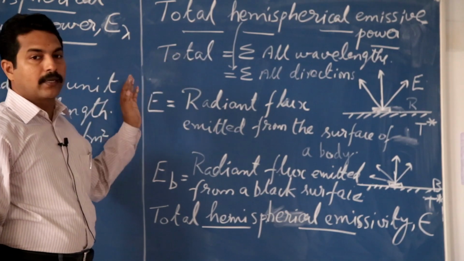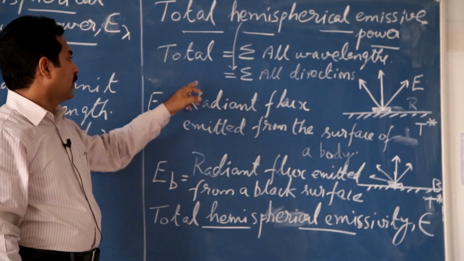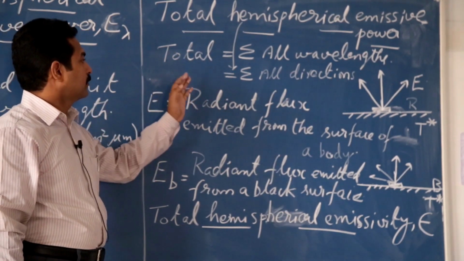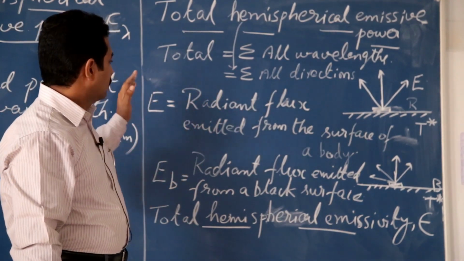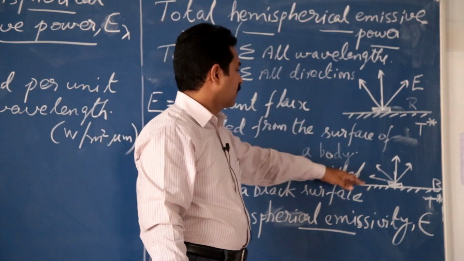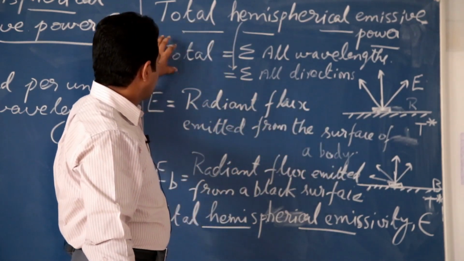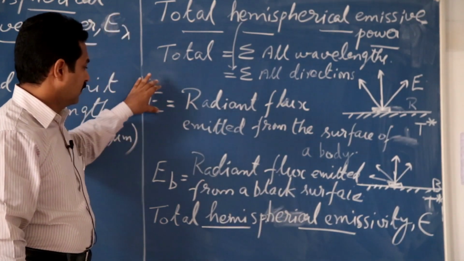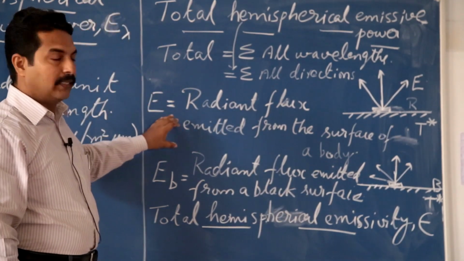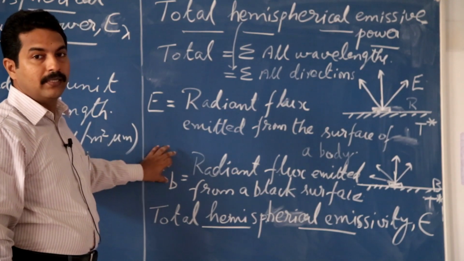Total means it consists of all the wavelengths, and hemispherical means it encompasses all the directions. So that is the case for a real surface and a black surface. For the real surface, this radiation flux is written as E, and for the black surface it is written with the suffix B, E_B.